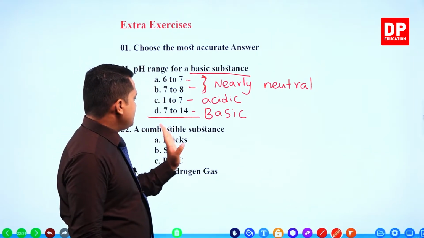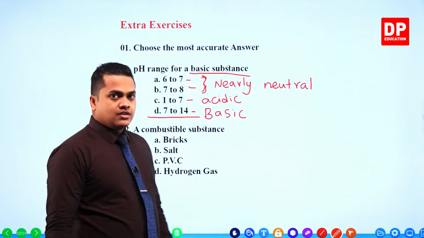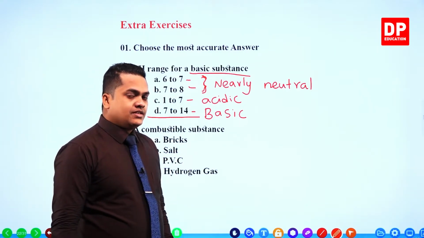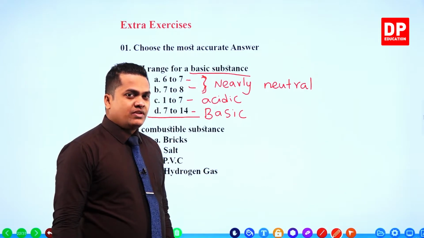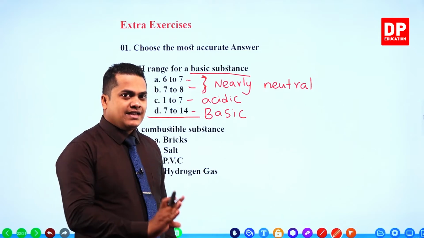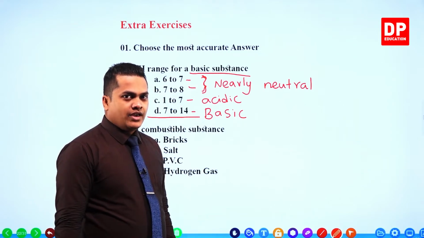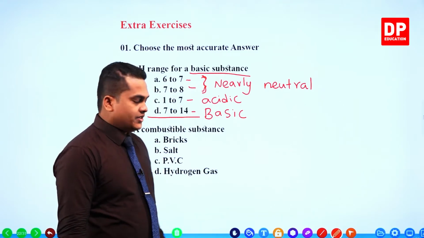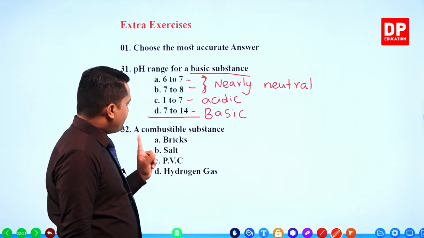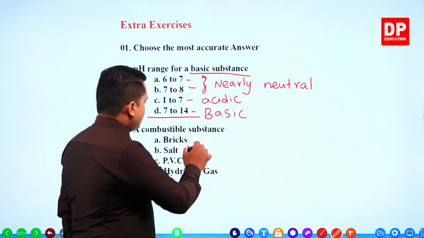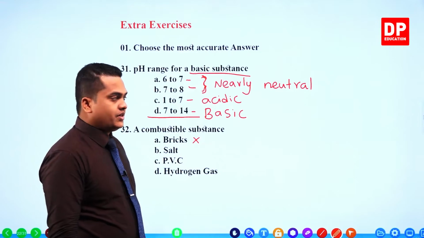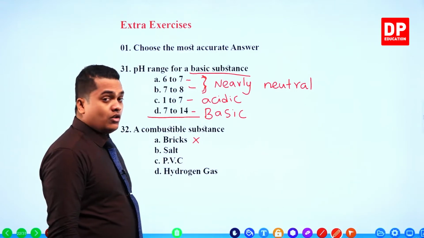32. A combustible substance, right? So let's see the responses. Combustible means it should be able to react with oxygen gas very quickly to produce heat and light energy. That's what we mean by combustion. So let's see. Bricks are not going to catch fire.